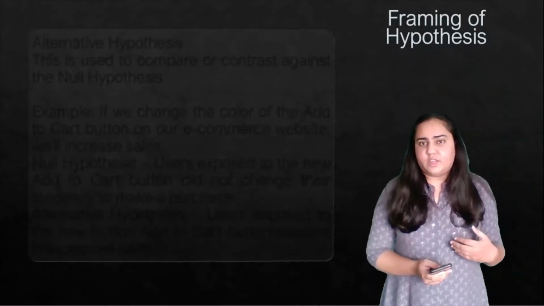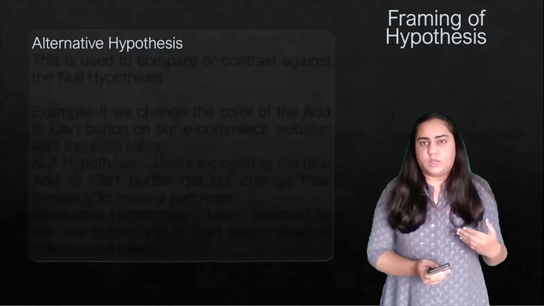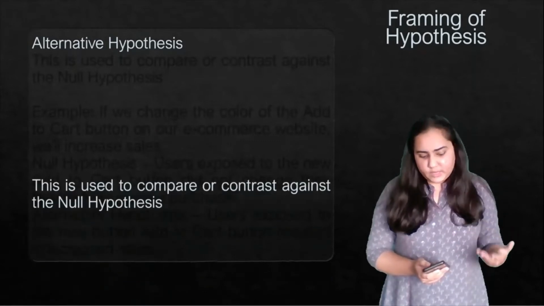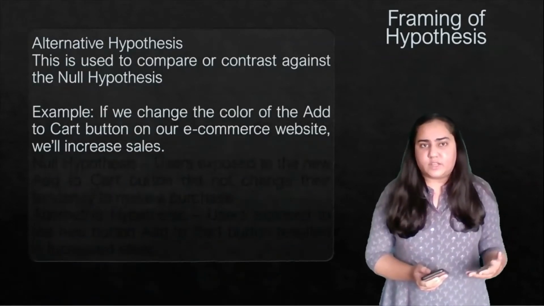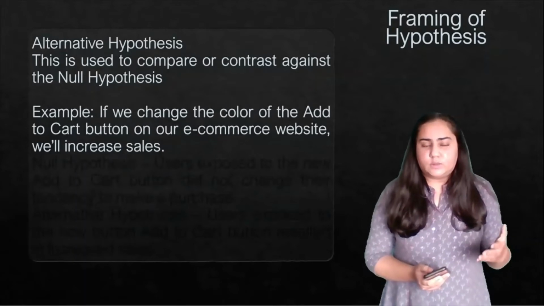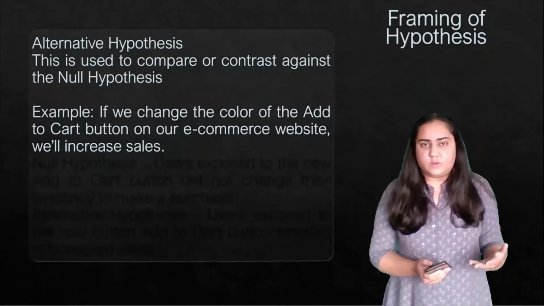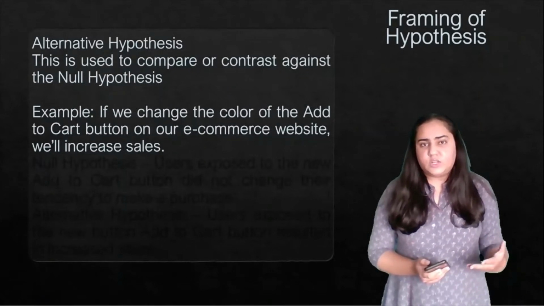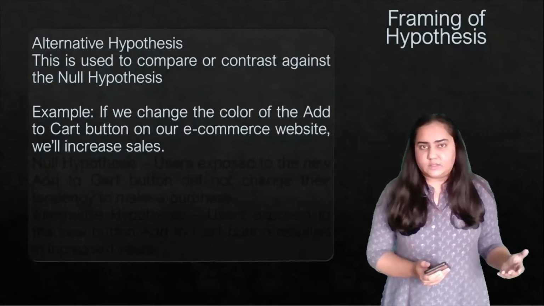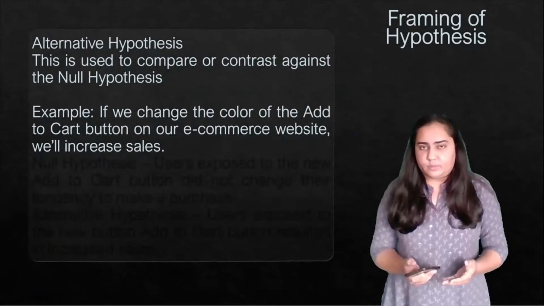Now, how do we frame a hypothesis for our statements? For that, we need an alternative hypothesis, which is used to compare or contrast against the null hypothesis. An example is, if we change the color of the add to cart button on our e-commerce website, we will increase sales. That is an alternative hypothesis.